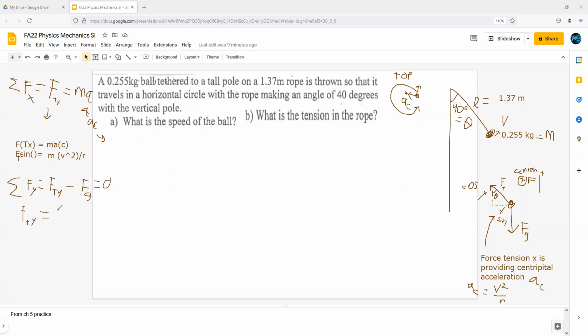So then that means that Fy equals Fg, which means FT times the y component, cosine theta, equals mg. And then you can divide both sides by cosine theta. Right? So then let's do this in blue. We can cancel these out.